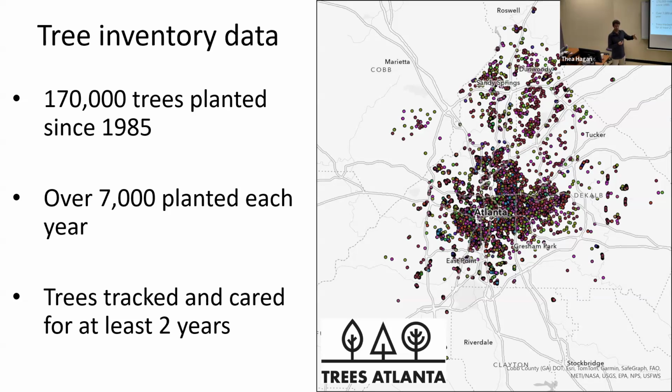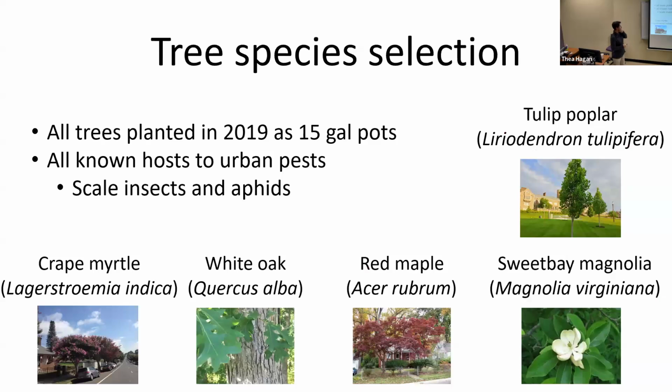So they know where they planted trees, what tree species it was, the size, all these other things. So that's a great resource. So we partnered with Trees Atlanta and the city of Atlanta to try to answer a few questions, broadening out from red maples, but also looking at some of these economic well-being questions.